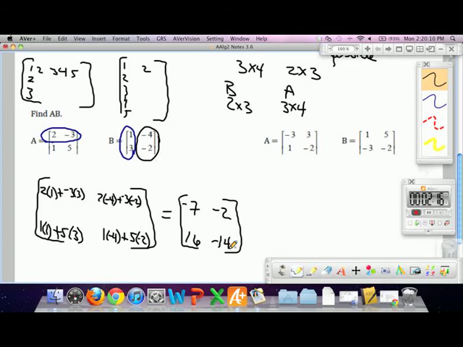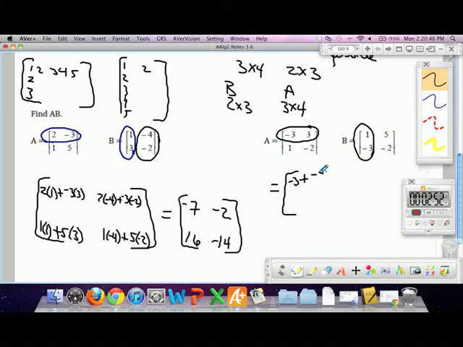We want our resultant matrix here. If I want the row 1, column 1 element, I'll take row 1 and multiply it to column 1 of the second. So negative 3 times 1 is negative 3, plus 3 times negative 3 is negative 9.